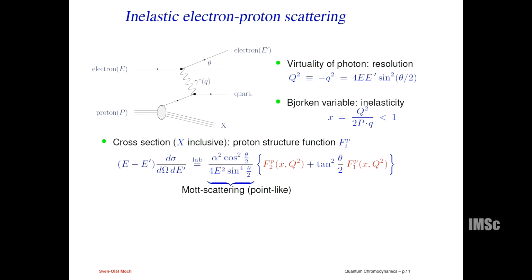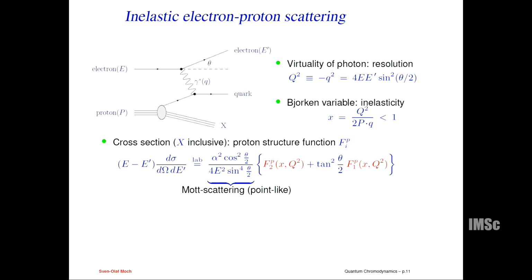In terms of the solid angle and the outgoing electron energy differential, you can parameterize the cross section in terms of a prefactor, which you can derive from QED from Mott scattering of an electron on a point-like particle. Because the proton is a composite object, this is then multiplied by 2 structure functions, which parameterize the composite nature of the proton, the structure functions F1 and F2.